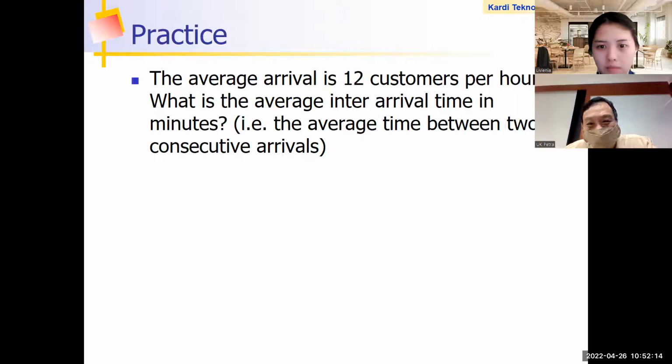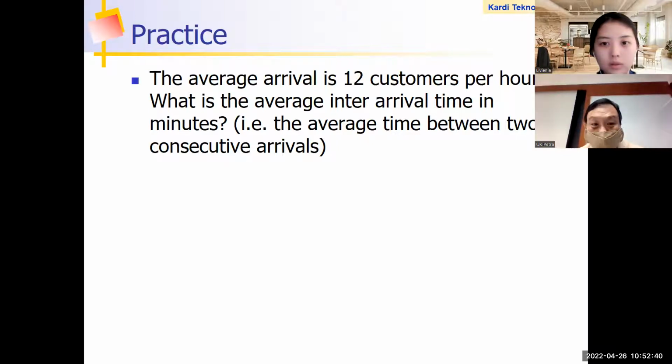12 customers per hour. Remember, arrival rate is 12 customers per hour. That is the flow rate, right? So the headway is 1 over the flow rate. So just 1 over 12. But that one is per hour, the other one is per minute. So you need to convert.